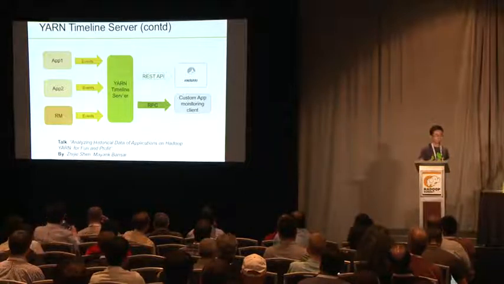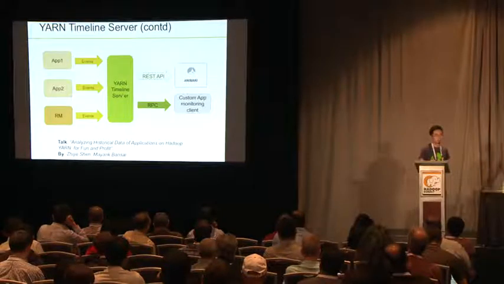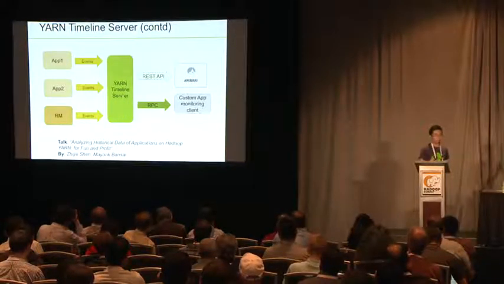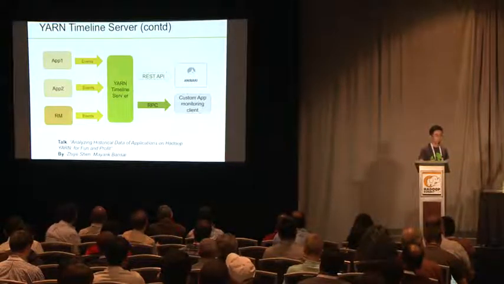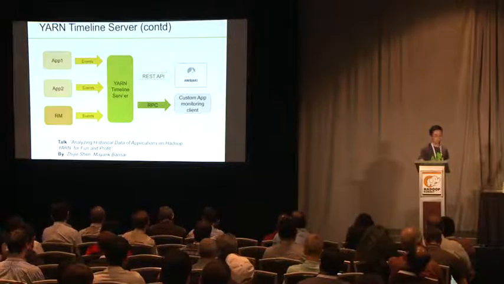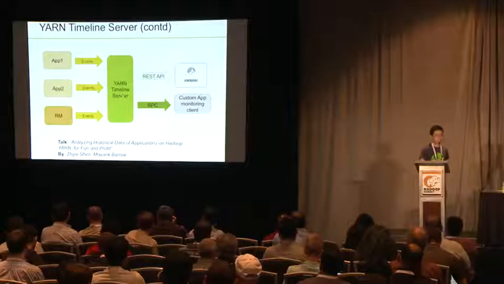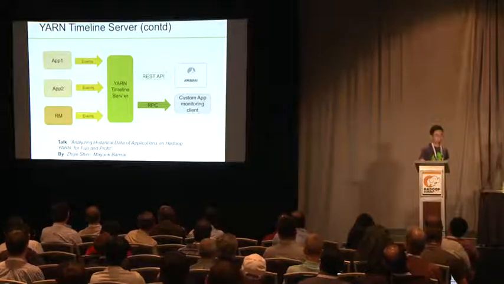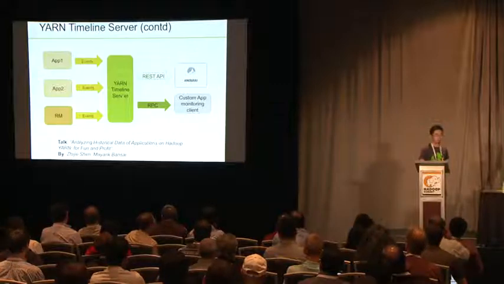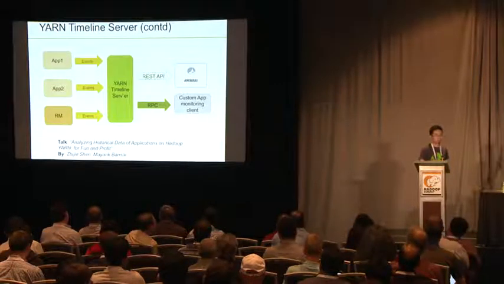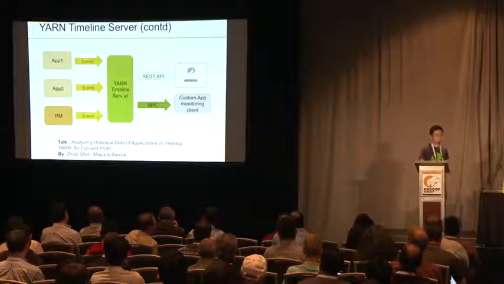Both of them can just use RESTful APIs or whatever they want to get whatever information they want from the timeline server, and build whatever visualization tool they want. And there's also a talk going on by CG from Hortonworks and Mayank from eBay about how to take advantage of such a timeline server for historical information of the apps.